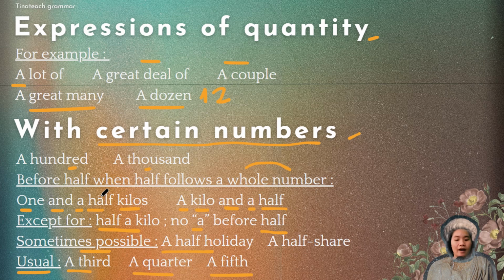Now, if there's only half, if you're just saying half a kilo, half an apple, half a peach, there's no need for an a in front of the half. Sometimes it is possible to say stuff like a half holiday, a half share, but that is just for certain terms. And usually you would say a third, a quarter, a fifth, a half.